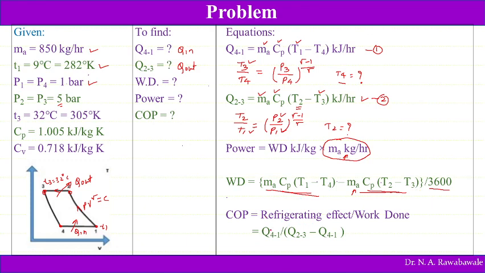So refrigerating effect is nothing but heat absorbed, which is given by equation number 1, and work done which we are going to obtain here by equation number 3, but this is in kilojoules per hour. So without dividing it by 3600, this work done has to be taken. So then we will get COP of refrigeration system. Now we will start to solve this problem.